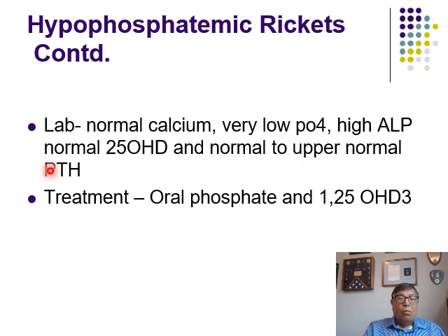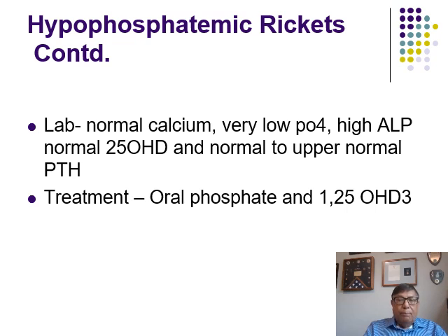You have to give a lot of oral phosphate, and there are new forms of phosphate and other medicines that have come to help them out. But before, you had to give phosphate every 4 hours or so. It's really very difficult for the patient to take. And you also have to supplement 1,25-dihydroxyvitamin D.